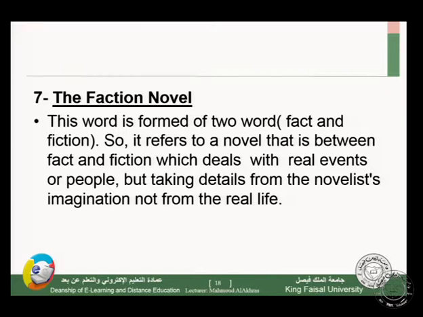We take the first syllable from the first word and we take the last one from fiction. So we have faction. So it refers to a novel that is between fact and fiction. It's not real and it's not fiction. Both of them. It's a mixture of real and fiction.